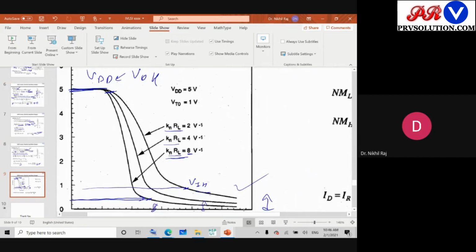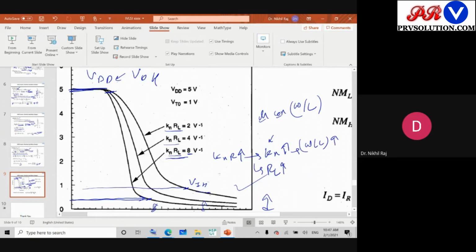However, the problem is, if I increase KnRL, either I have to use Kn high or RL high. Kn high means I have to use large dimensions, because Kn is a function of mu n, Cox and W by L. Mobility is not in our hand.